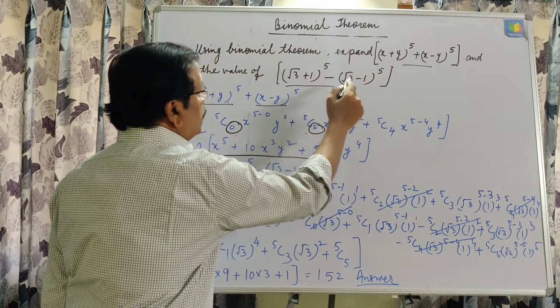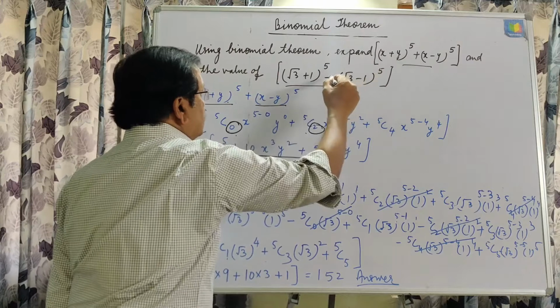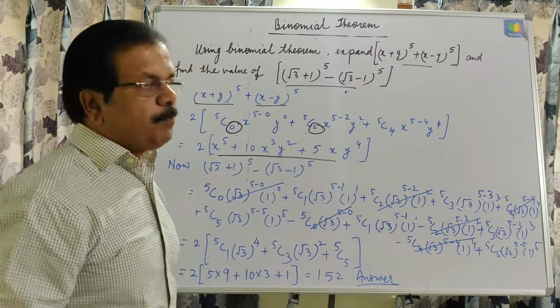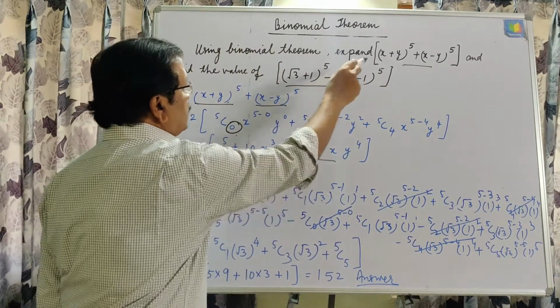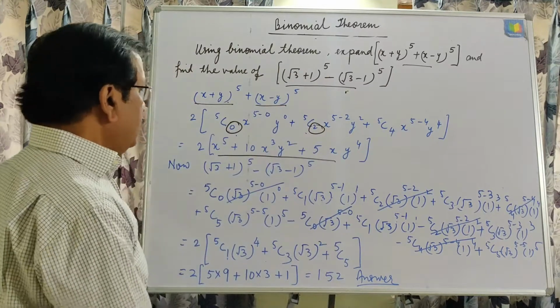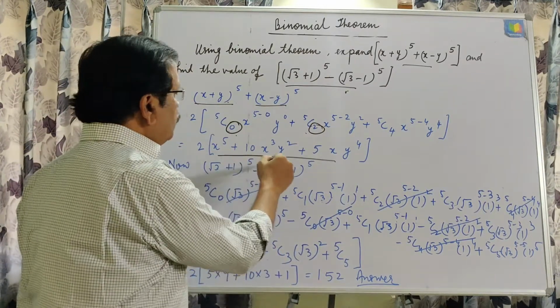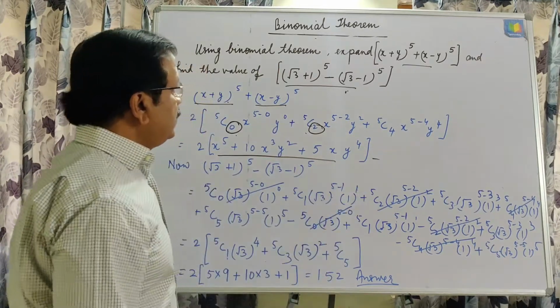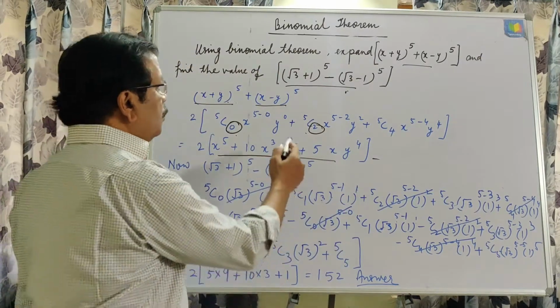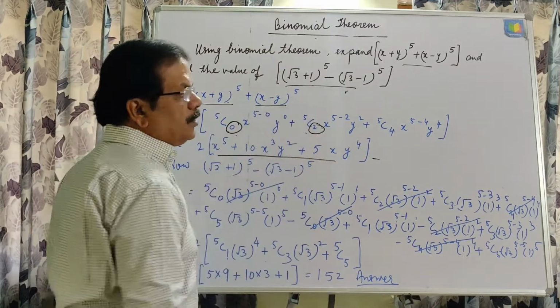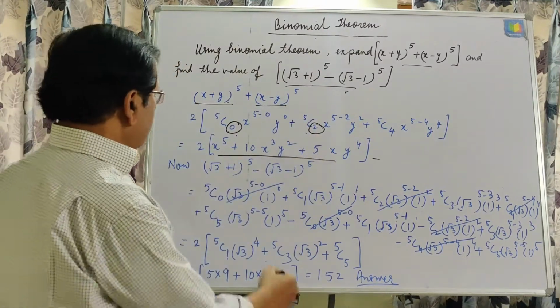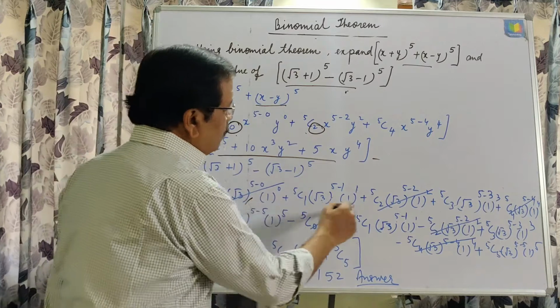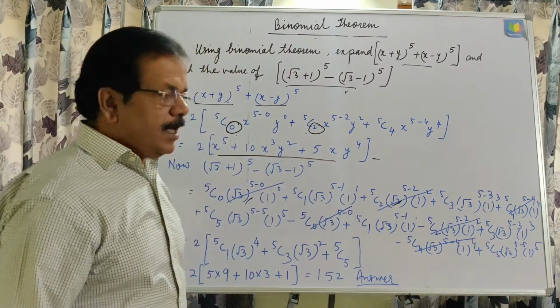In this question, in place of plus, this is given minus. Suppose in place of minus, plus was given, then you can substitute the value directly in this formula. But here it is minus, then you know once you subtract both the terms, the terms containing even numbers will be cancelled.